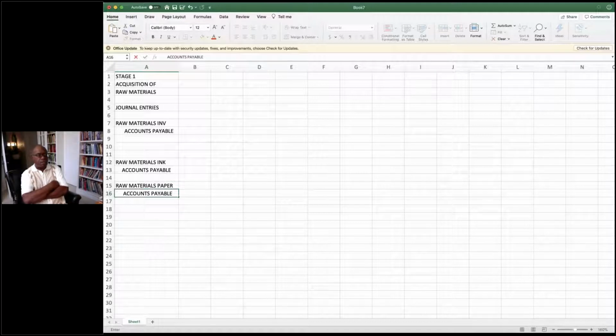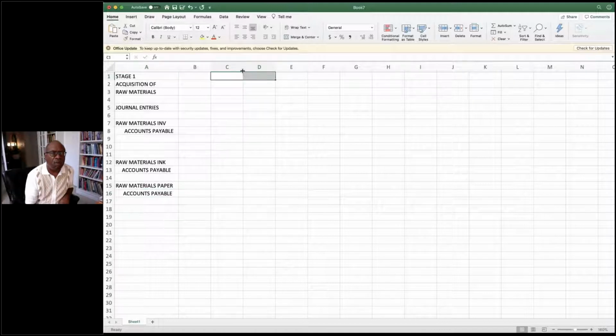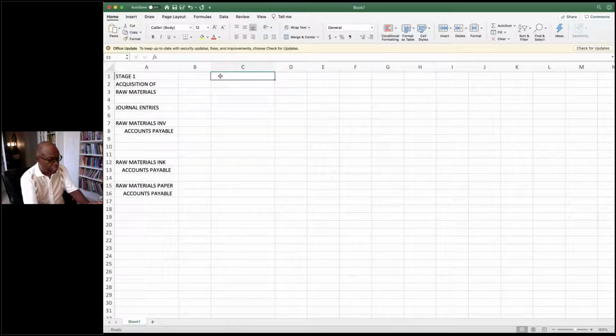Now, it's going to tell you to calculate the amounts, but the journal entry always looks like this. Any questions? Let's see if we can go to stage two. What happens in stage two?